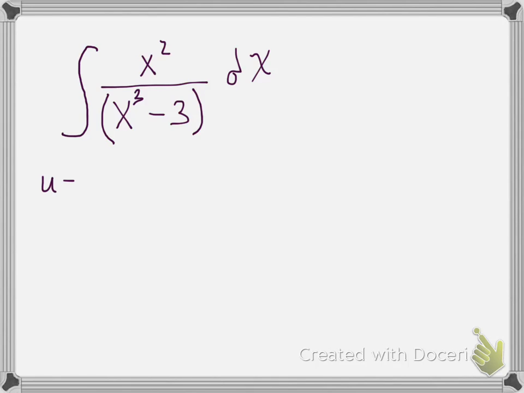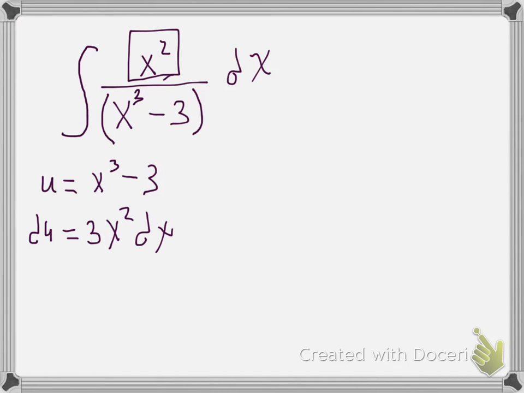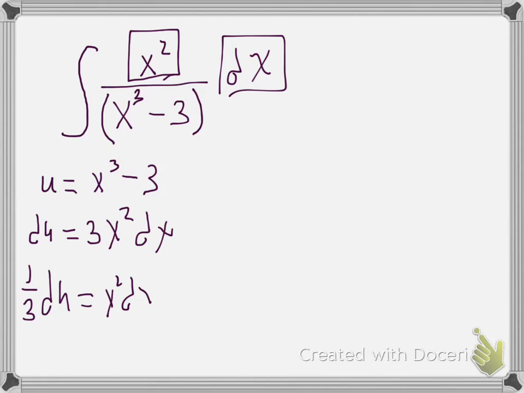So if I let u equal x cubed minus 3, when I take the derivative, I get 3x squared dx. So that takes care of the x squared and the dx. And if I divide each side by 3, 1/3 du equals x squared dx.